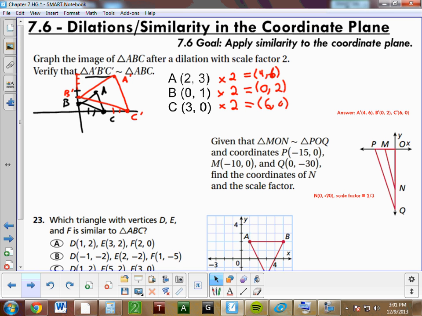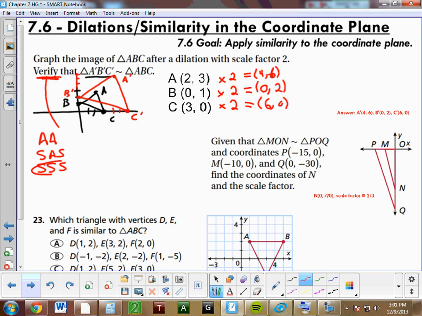If I was going to verify that they're similar, this part here is where I can use either angle-angle, side-angle-side, or side-side-side. In this one, I would probably have to use side-side-side because I could show that they're parallel by using the slopes again, I think, but since there's not a common transversal, it would be a little bit harder to show that. So I think side-side-side would be the best option.